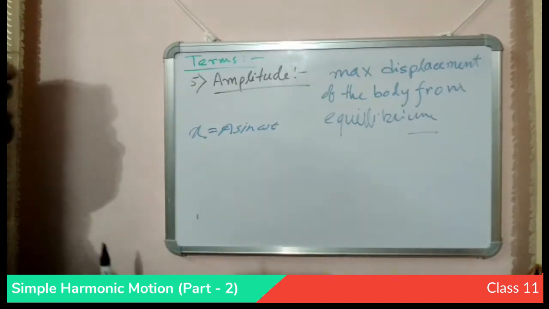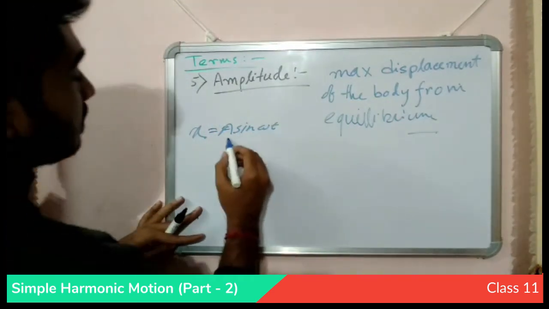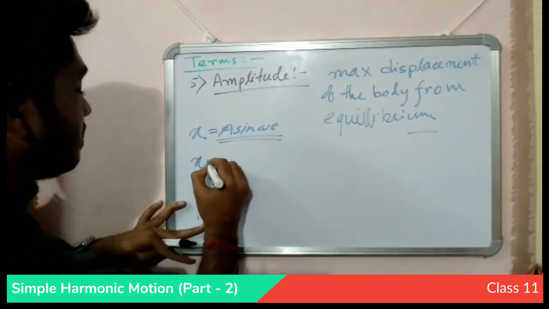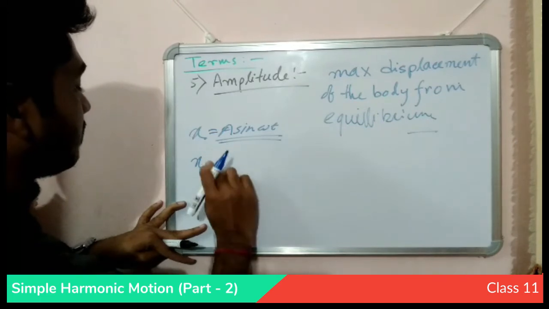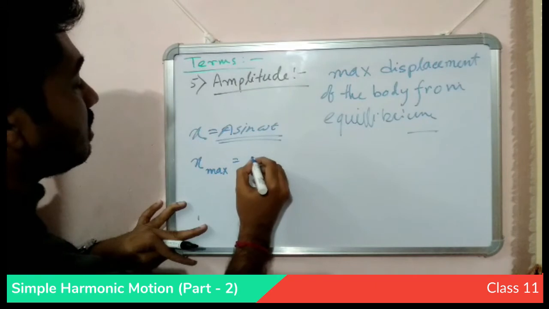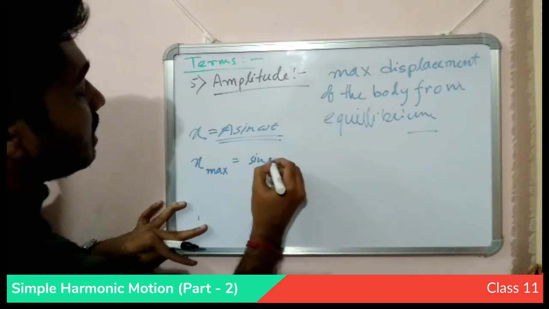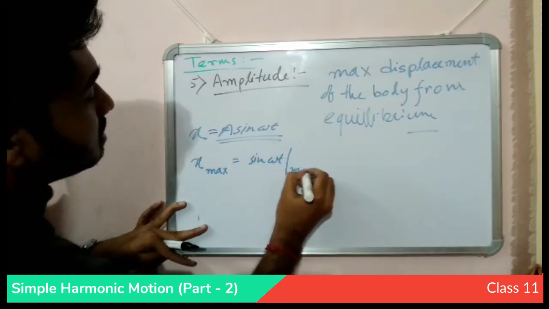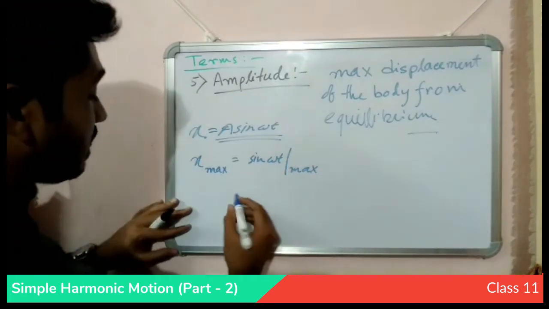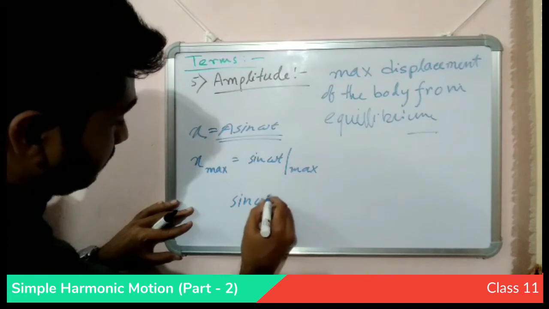In this notation, x is maximum when sin omega t is maximum. So what could be the maximum value of sin omega t?